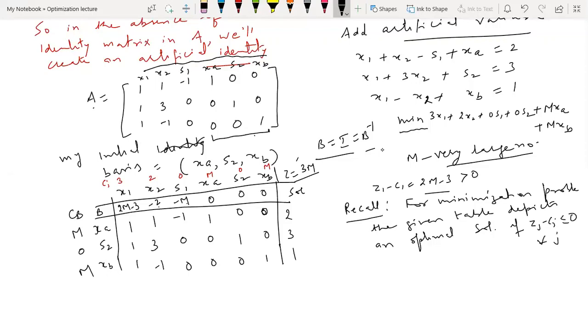But you see, for Z1 minus C1 it is strictly positive. So since Z1 minus C1 is positive, this table is not optimal.